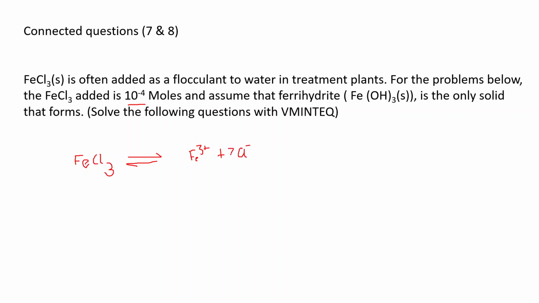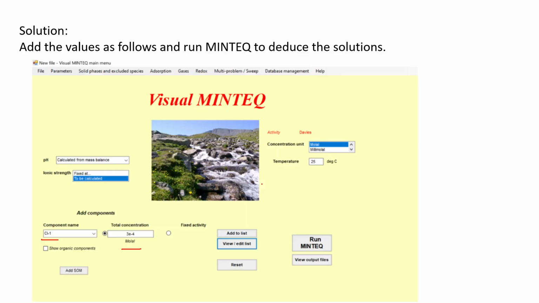It will be 3 Cl. So if this is 10 raised to power minus 4, this will form 3 into 10 raised to power minus 4. That's why in Visual MINTEQ we are putting 3 into 10 raised to power minus 4.